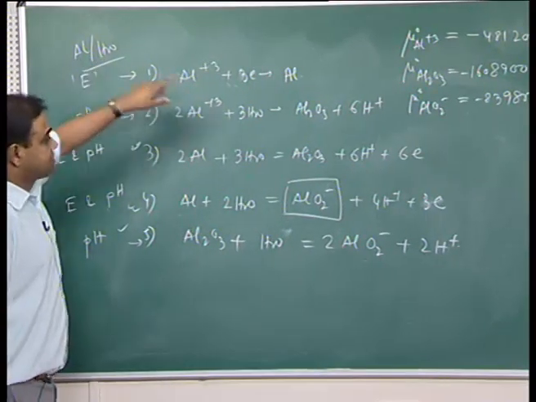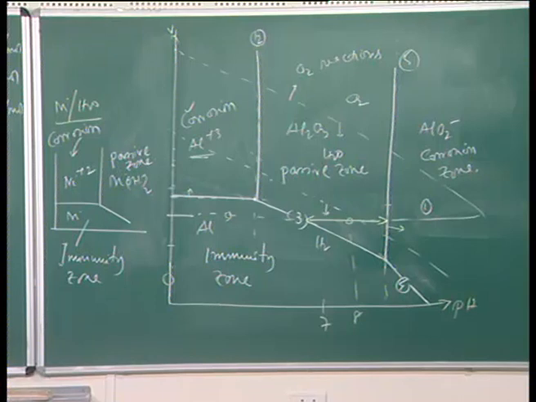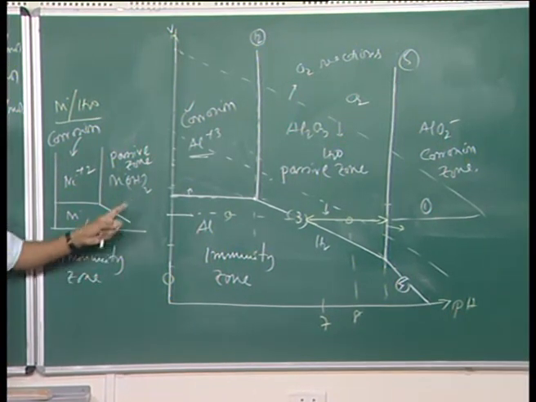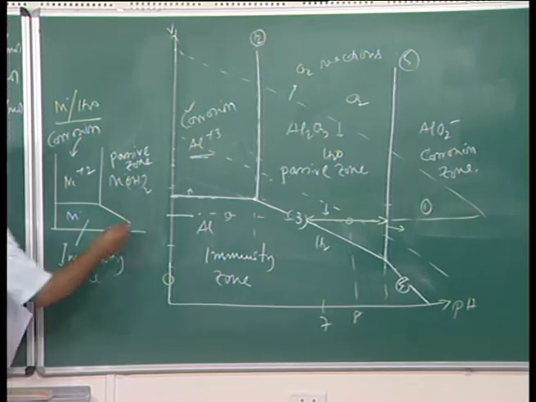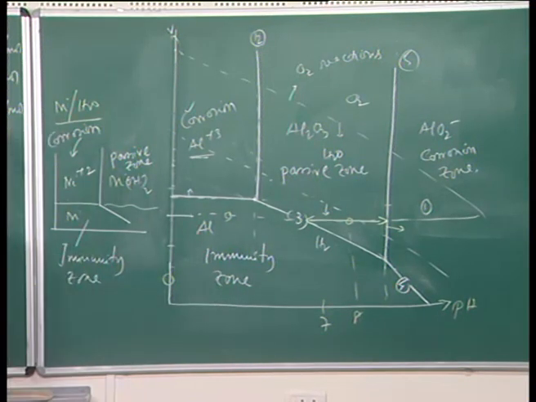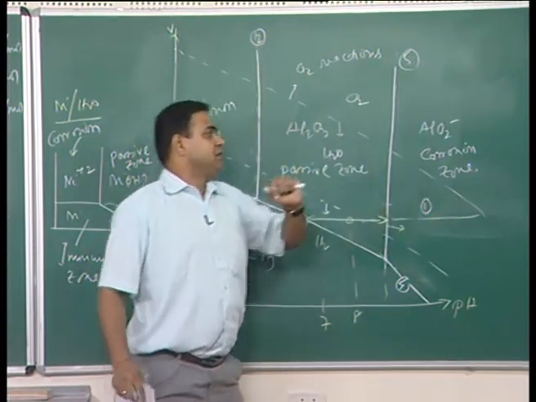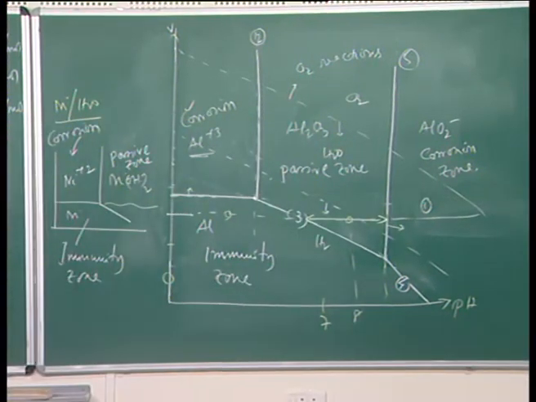In the aluminum H2O system this is the case. In the nickel system, even if you increase the pH value, the entire zone is a passive zone, you can always have passivity. But in the case of aluminum you can experience corrosion if you have a complex ion formation at higher pH value.